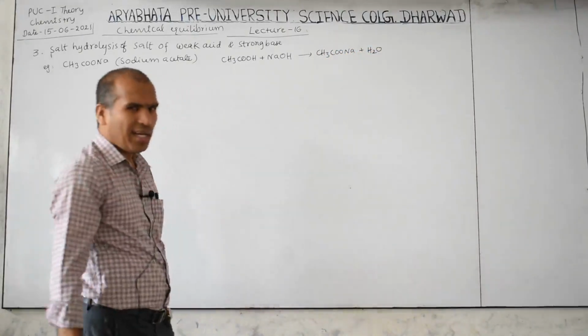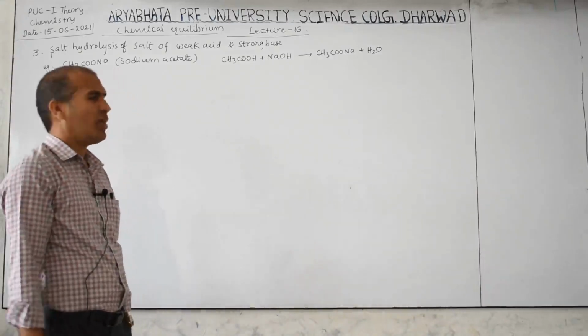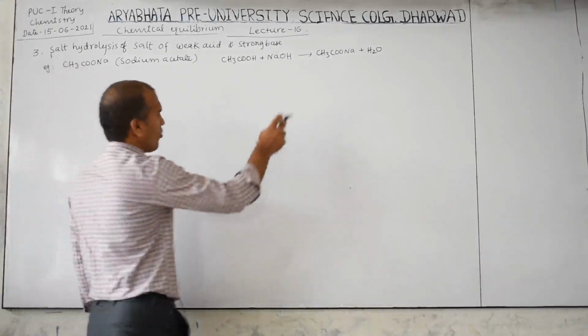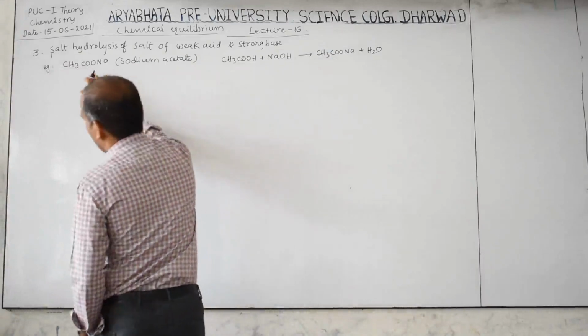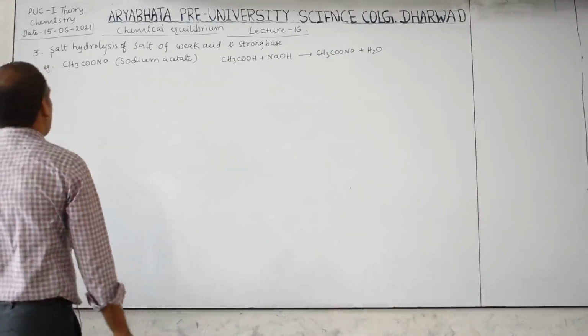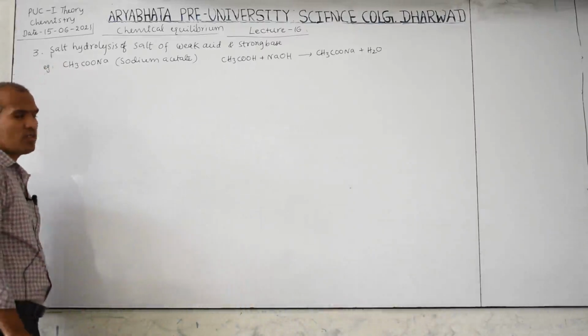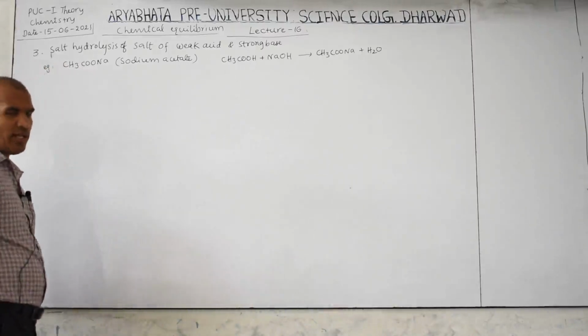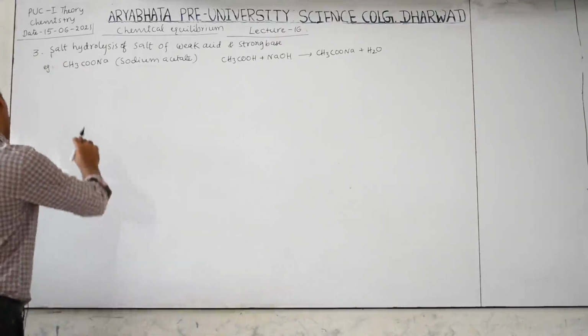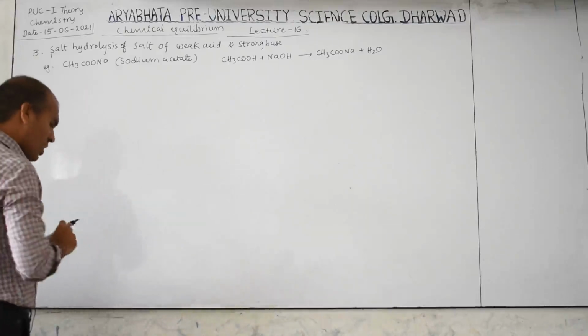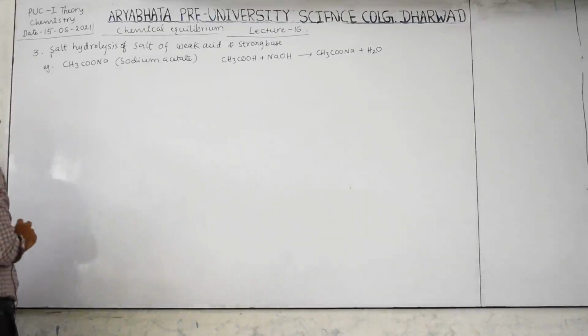Already we know that acid and base combine to form salt plus water. So this salt is an example for hydrolysis of salt of weak acid and strong base. Not only this one, many examples are there. With one example, I will derive the pH calculation formula.